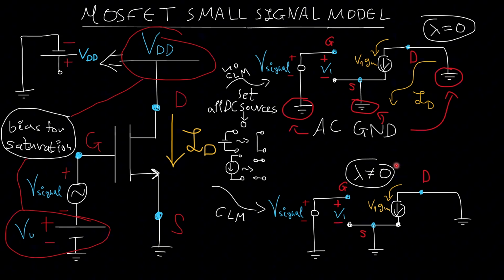Now, in case we had channel length modulation and lambda was not 0, we draw the exact same small signal model, but we'd also draw a resistance, which is called RO, between the drain and the source. Here, the RO is not infinite. And we'd also draw some of the drain current that would be lost inside here.